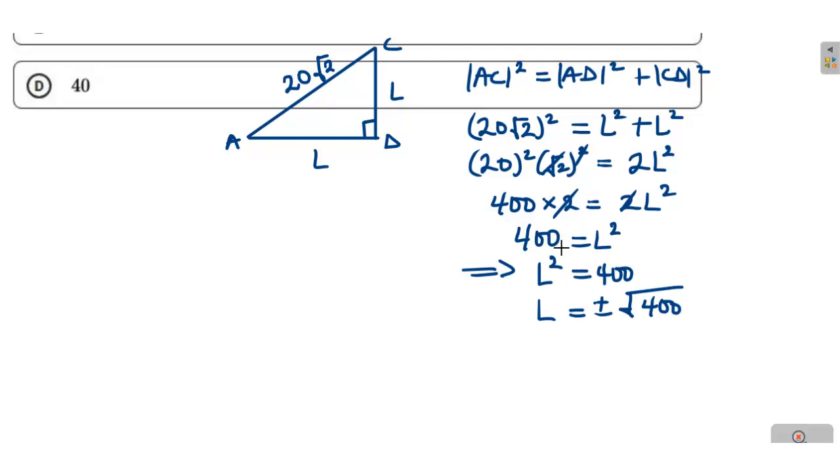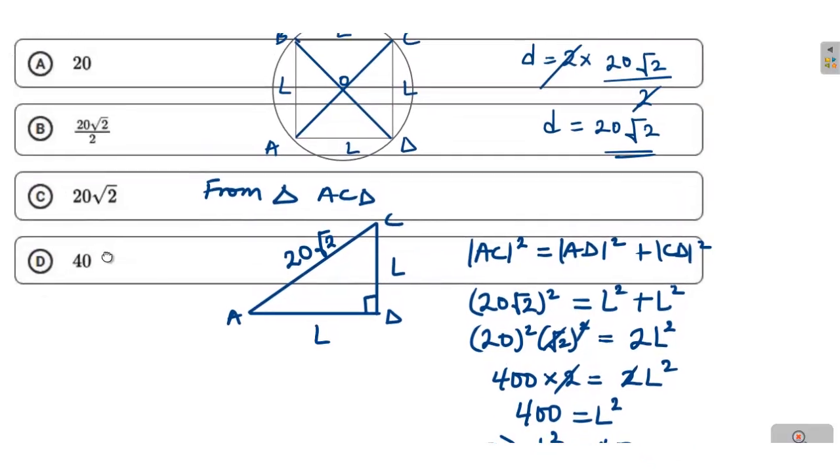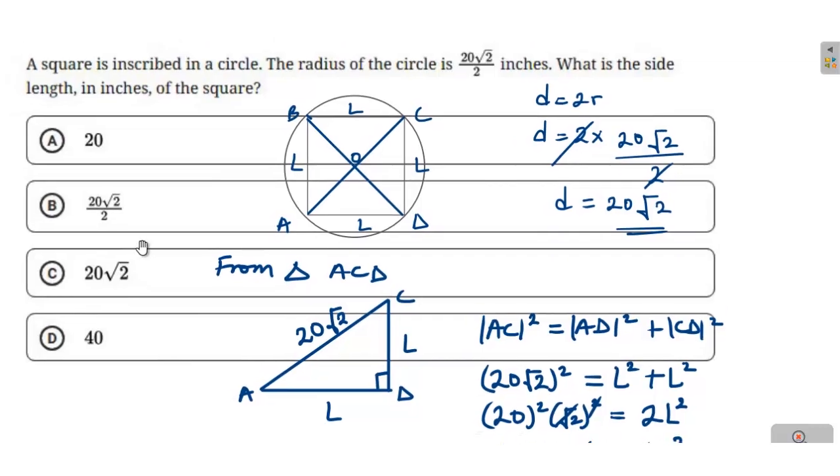Even if L were raised to the power 4, it would still be plus or minus. But because the length we are looking for cannot be negative, we can discard the negative. So L is the square root of 400, which gives us 20. So the side length of the square in inches is Option A, which is 20.